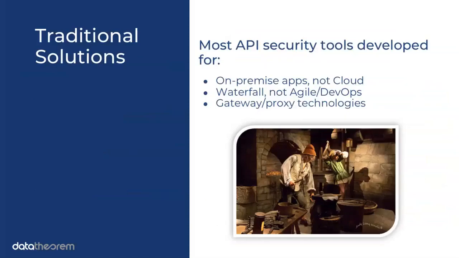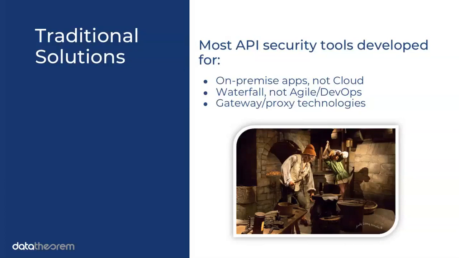And so when you look at the traditional tools, the tools that many of us in security have been growing up with for the last 10 to 15 years, the focus has always been on on-premise applications that were built using a waterfall-style process, which means you're making 3 major changes a year, doing some maintenance releases on a monthly basis, and having a concept of a trusted or untrusted perimeter, right?